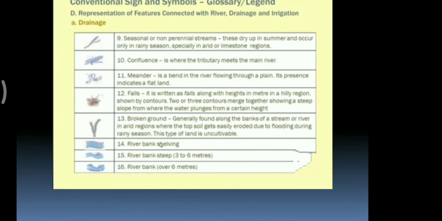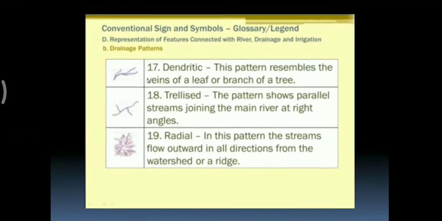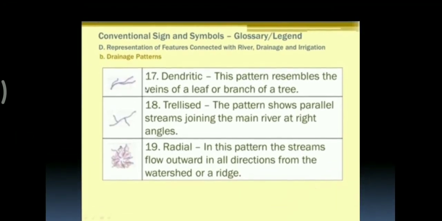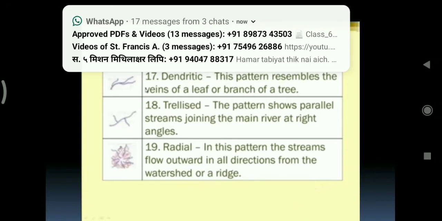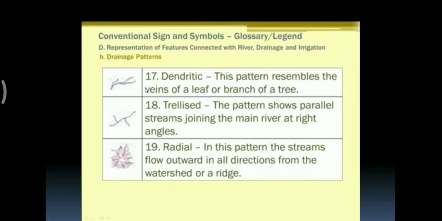So now, drainage pattern. We have three sorts of drainage pattern: dendritic, trellis, and radial pattern. When in a topographical map we have contour lines like a mountain ridge structure, and many streams flow from it, this is called radial pattern. And trellis pattern is when two or more tributaries of a river meet at almost 90 degrees.